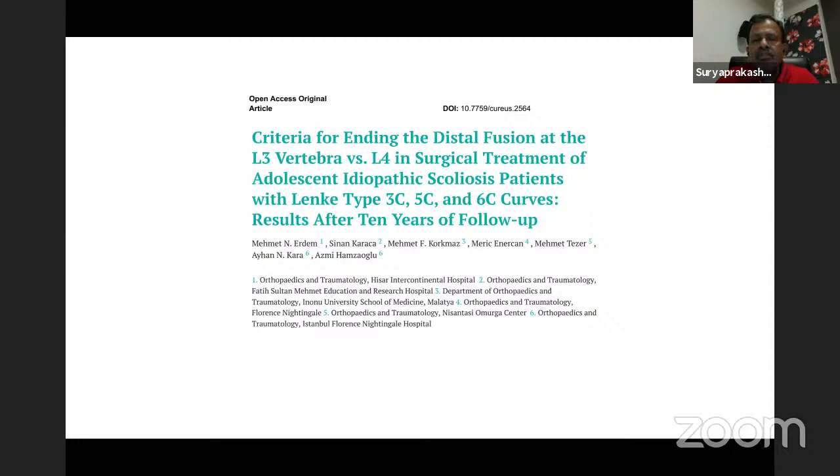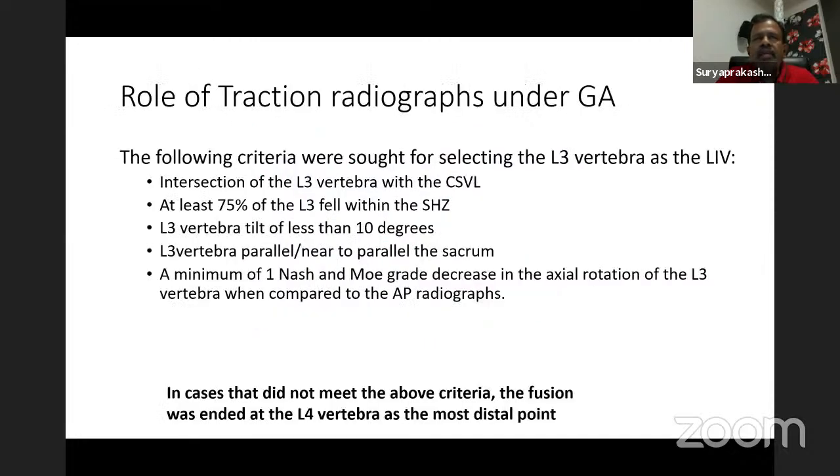Well, these authors have given how they take an X-ray under the anesthesia to see whether they can improve the end instrumented vertebra to L3, by doing an X-ray under traction under anesthesia to see if L3 vertebra goes within this CSVL. Maybe I don't practice it. Maybe it's a good technique which we can all adopt.